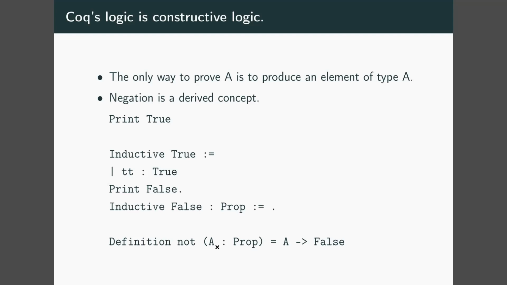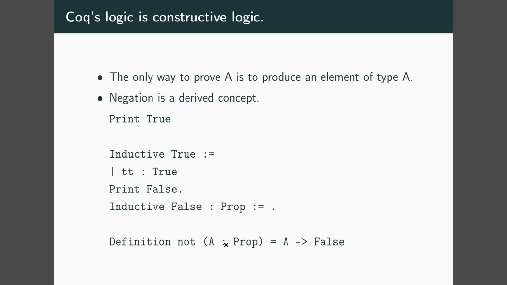With the analogy of implies being captured by the function type, not A is a derived concept. Not A just means A arrow False. That is, not A is the function which takes a proof of A and produces False. You give me a witness for A, and I will produce False for it. That is what it says. Got it?